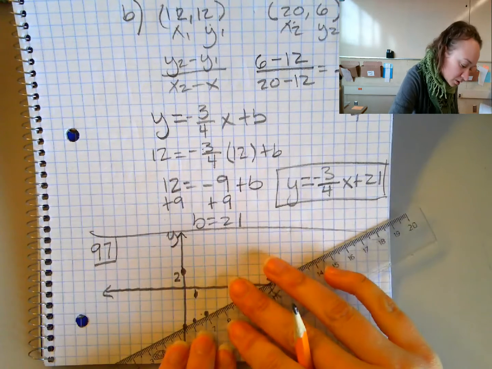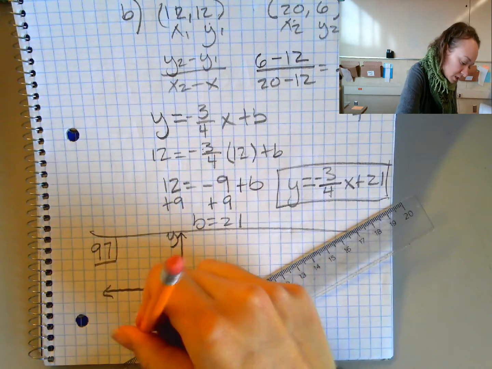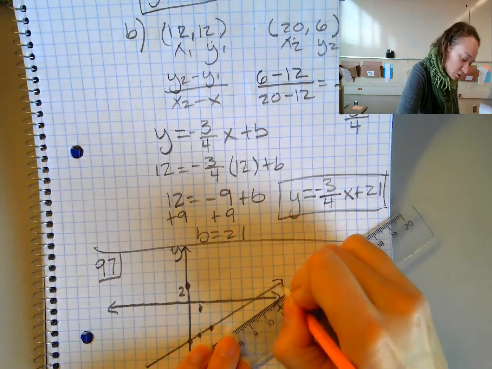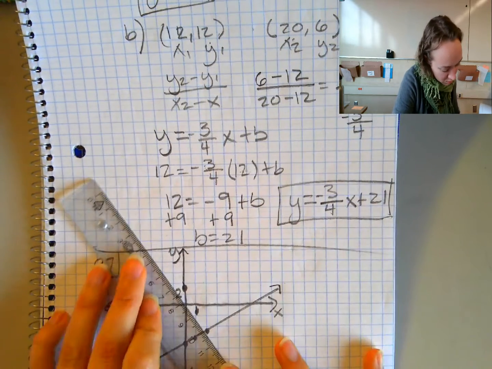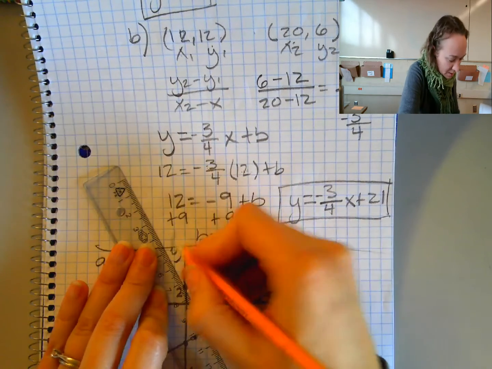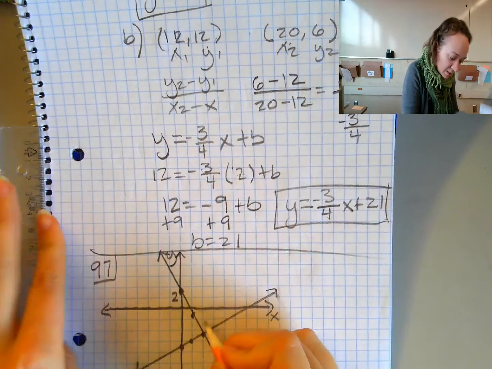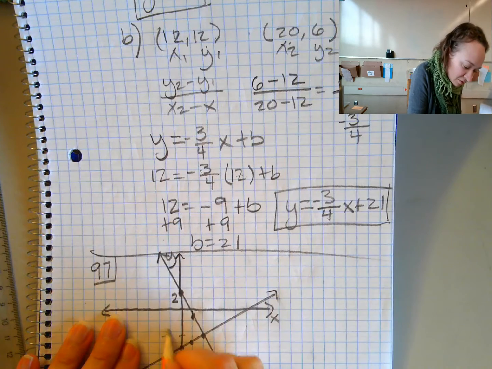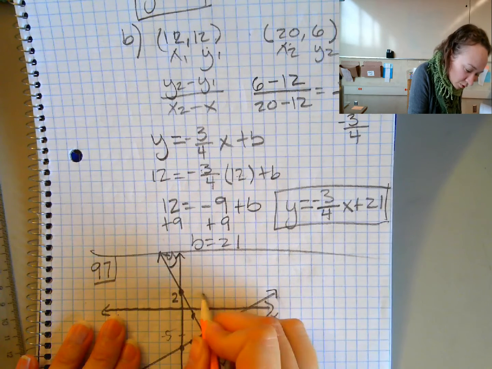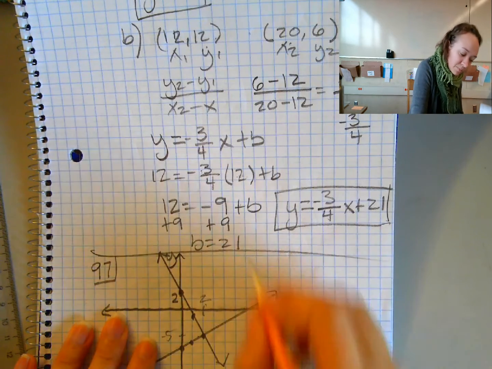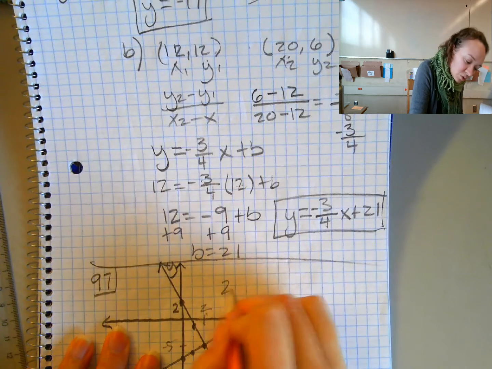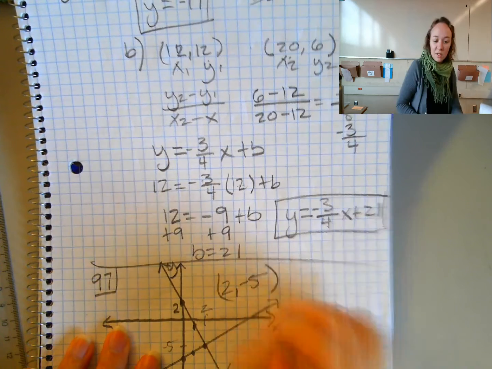Take a ruler, connect my points. And that was connecting at x equals -5 or x equals 2, y equals -5. So (2, -5) is my intersection point.